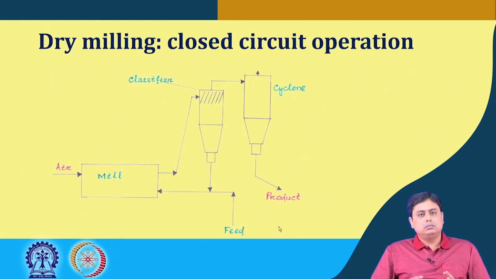So, the other operations that we mentioned can be dry or wet. Dry milling is in the absence of any water. The most popular liquid phase in wet operation is water.